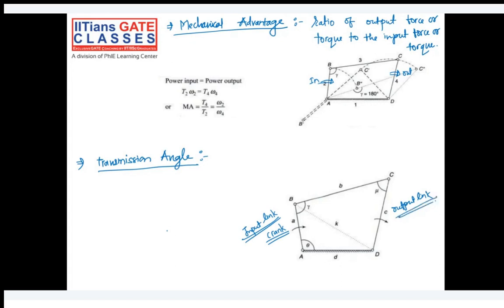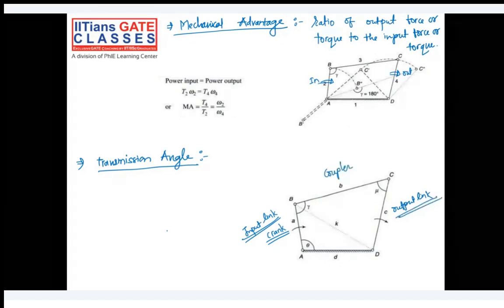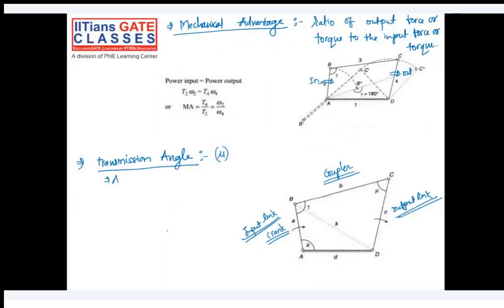Correct? You are aware of this terminology: crank, coupler, rocker, input link, output link. So the angle between the output link and coupler is called the transmission angle, and that is given by mu. Okay, so the definition is the angle between output link and coupler is the transmission angle.